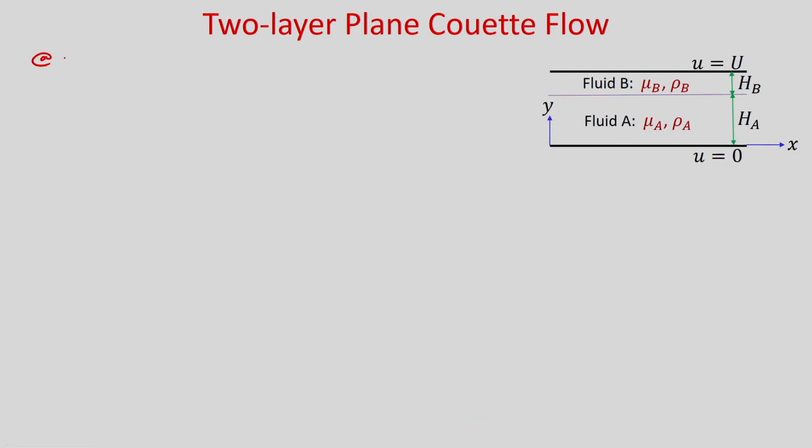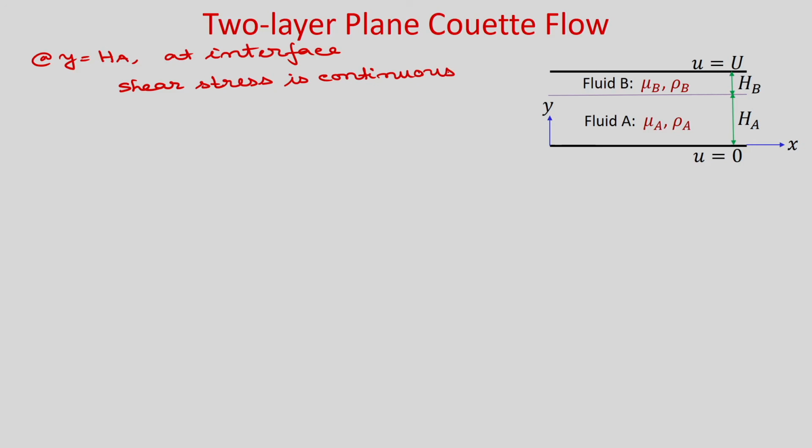Now, let us write at the interface that shear stress is continuous. Okay. So, at y is equal to h A, that means at the interface, we have shear stress is continuous. You can see that at this point the stress from the fluid A side will be equal to the stress from the fluid B side.